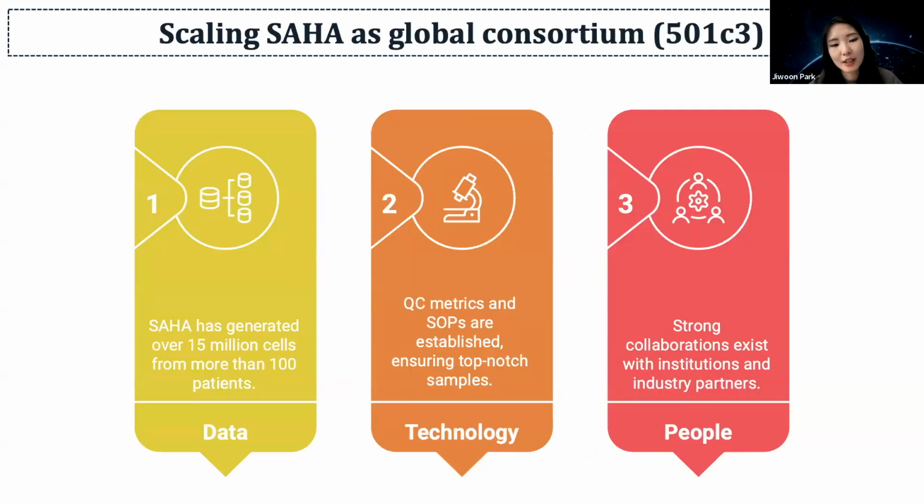So we're currently at the stage of scaling this as SAHA into a global consortium. It was initially a project that we started from Cornell. Rapidly we had so many different industry partners and other academic collaborators who have been developing or pushing the fronts in different ways. We're officially starting as more of a global consortium, with all of these data sets that we are generating from SAHA, but also from other initiatives, and the technology that we are developing as standard operating procedures, but also newer technology implementations.